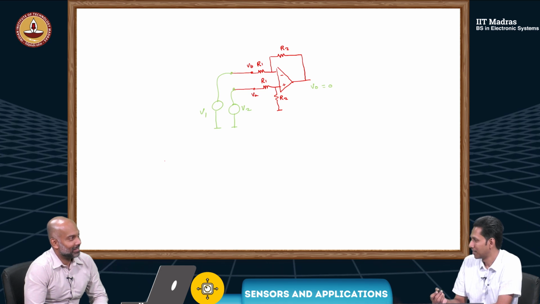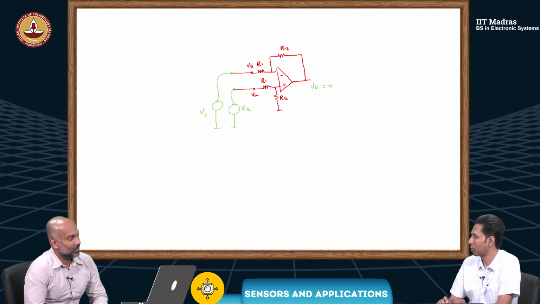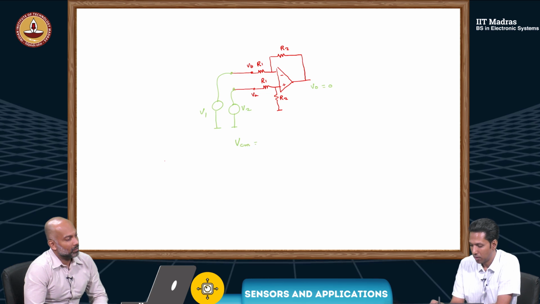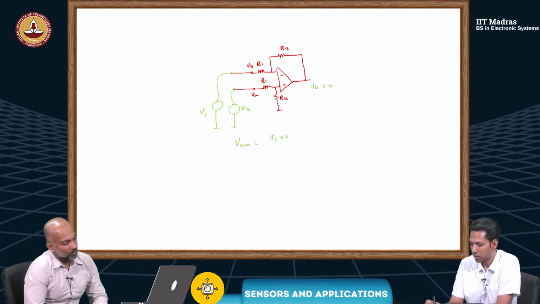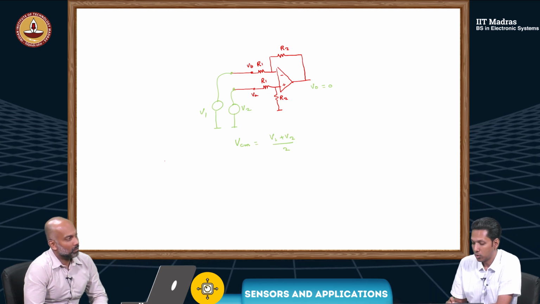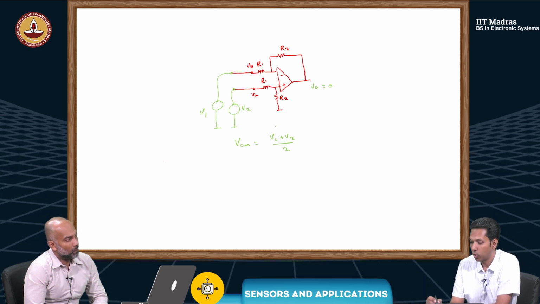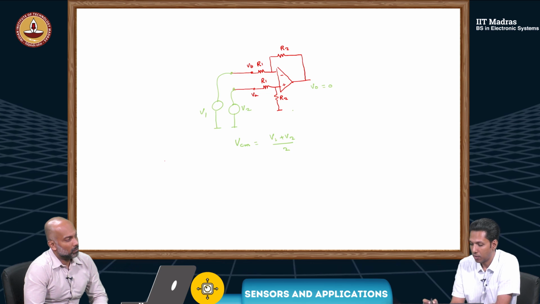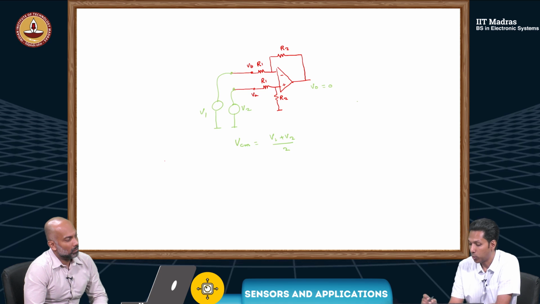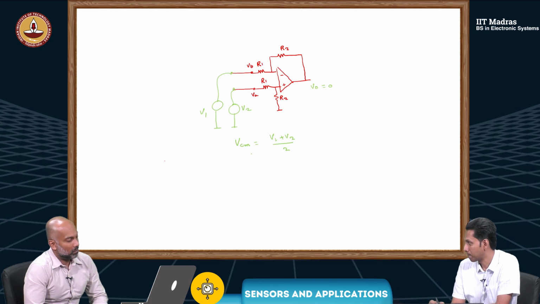So you have a very small difference in voltage, but you have a 2.5 volt common mode voltage. That common mode voltage, VCM, is defined as V1 plus V2 by 2. The point is, the difference amplifier is able to provide an output that is proportional to the difference alone, and it's able to reject the common mode signal.